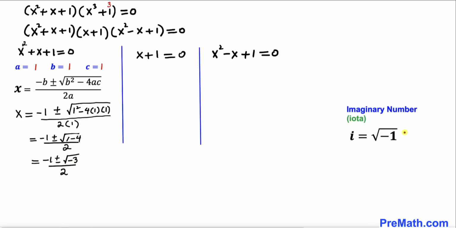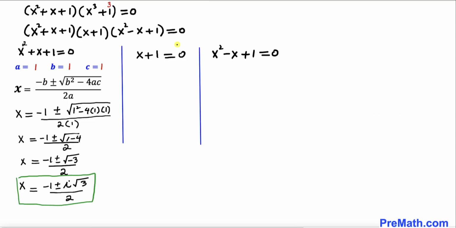Now let's recall i equals the square root of -1, where i is an imaginary number. So our x value is x = (-1 ± i√3)/2.